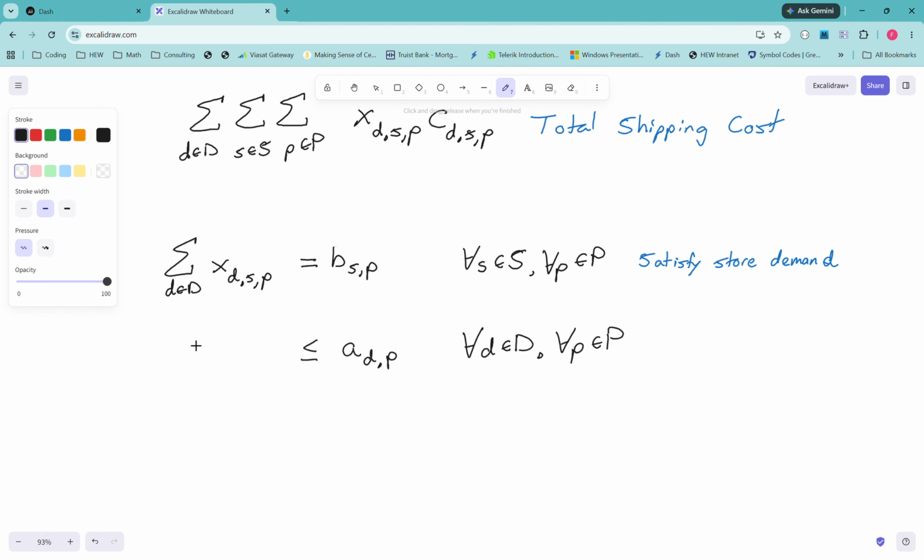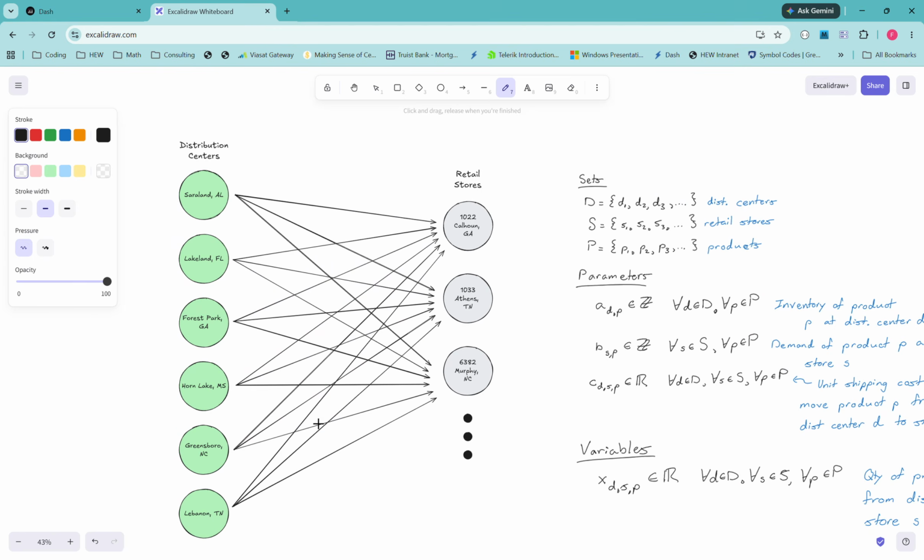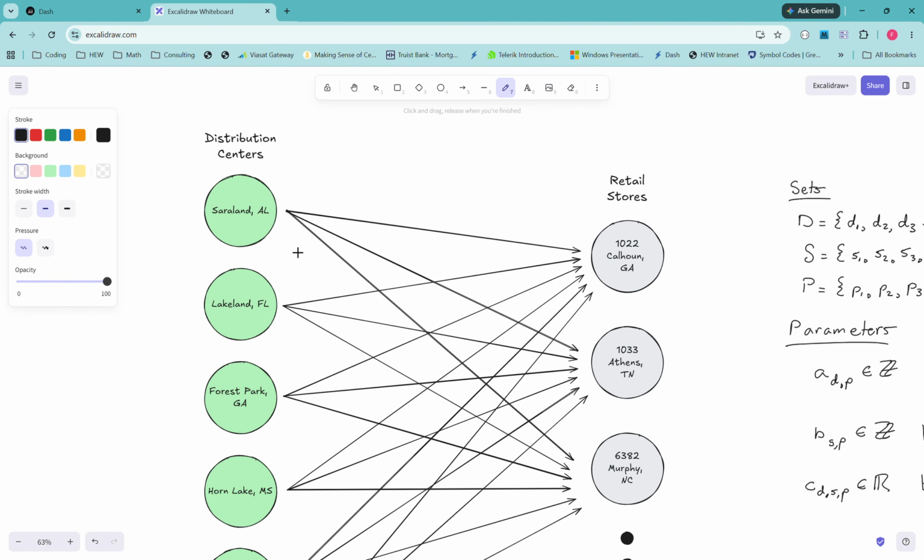And then on the left-hand side, we can again consult our graph here. So if I pick a distribution center and assume I'm talking about a single product, I now need to basically consider everything that's leaving the distribution center. So again, we look at the edges on the graph, or these arrows, if you will.